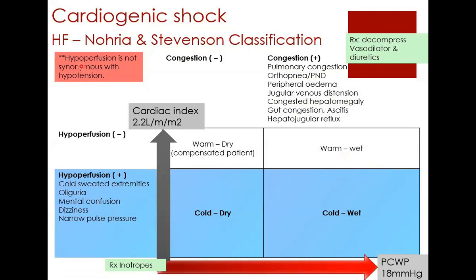Basically, heart failure can be classified according to the Nohria and Stevenson classification, where it goes according to whether the patient is warm, dry, warm, wet, or cold, dry, cold, wet, according to their cardiac index and also their PCWP, whether the patient is congested or in hypoperfusion. So our focus will be cold, dry, and also cold, wet. This is because this shock happens when there is hypoperfusion.